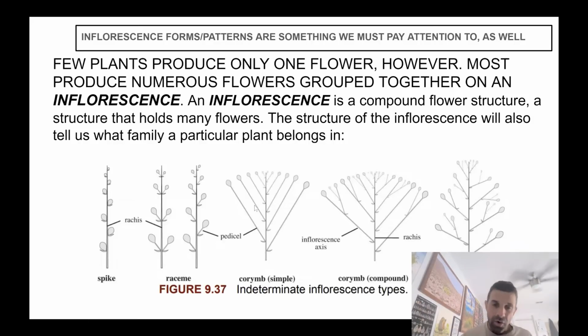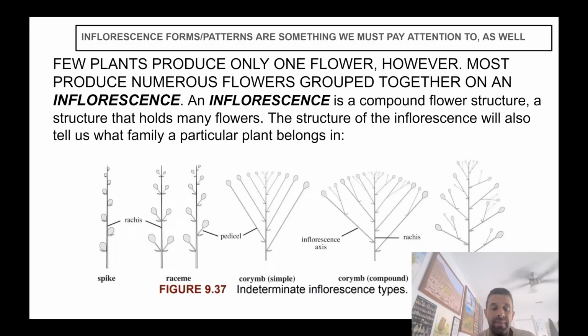Then you've got corymb, another type of inflorescence structure, a compound corymb, a panicle. There are umbels, like we'll see in the carrot family. So make that distinction between a flower and an inflorescence, a compound flower. You can use them to hint at what family a plant you're looking at is in.